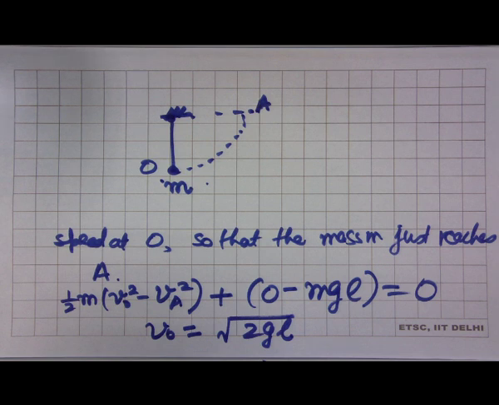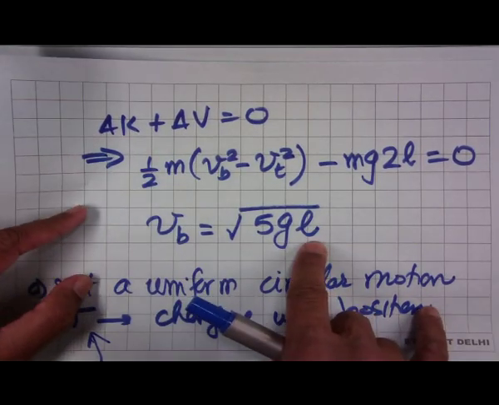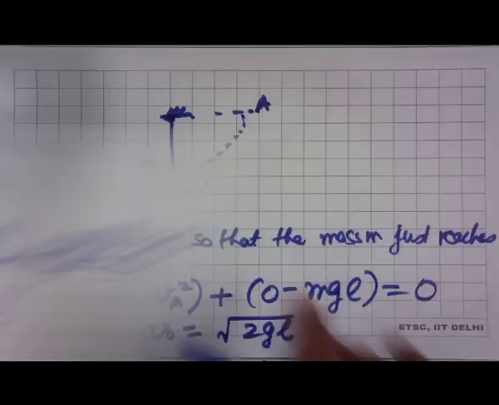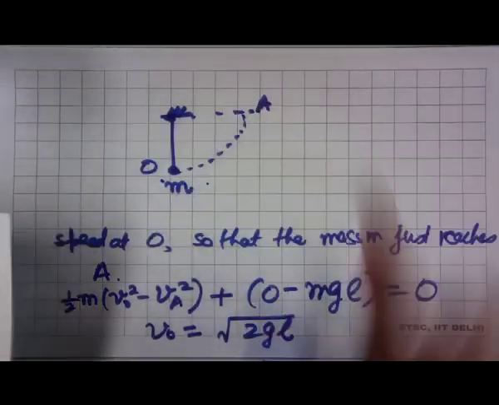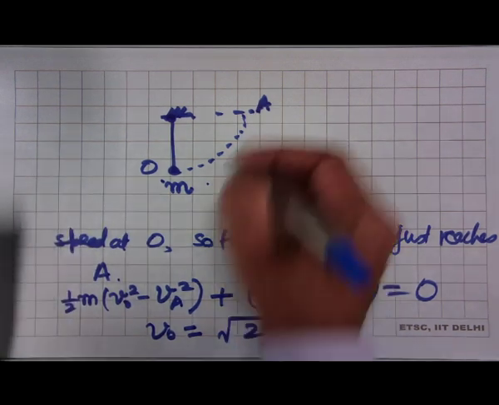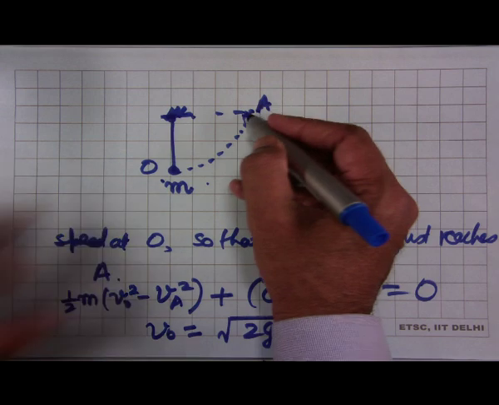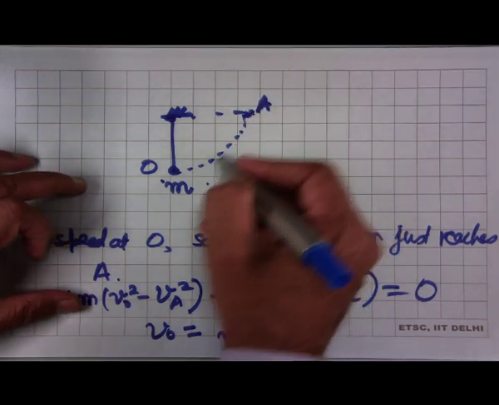Now, what we have seen is that if the velocity at the bottom was root 5 gl, then this pendulum completes the full circle. When the velocity is root 2 gl, then it just reaches A, after that it cannot move, so it starts to come down.